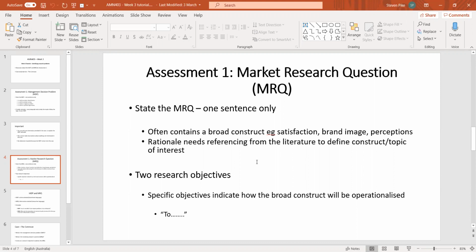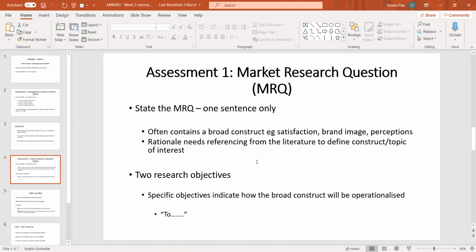So again, we'd like you to have a heading that says marketing research question, have a line space, and then a brief rationale. Ideally, including a reference from the literature that defines your construct or your topic of interest.